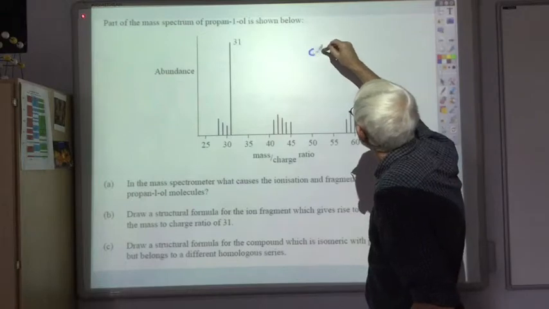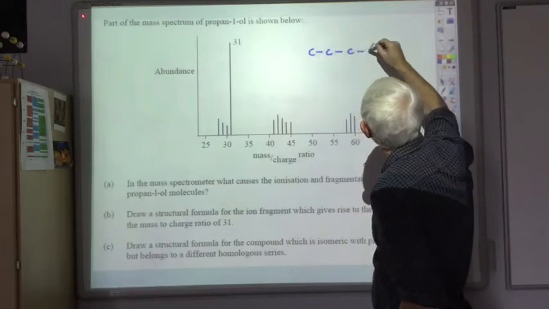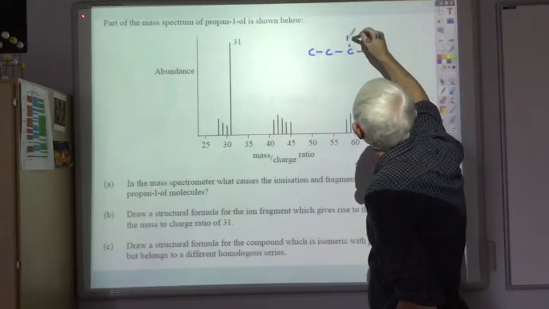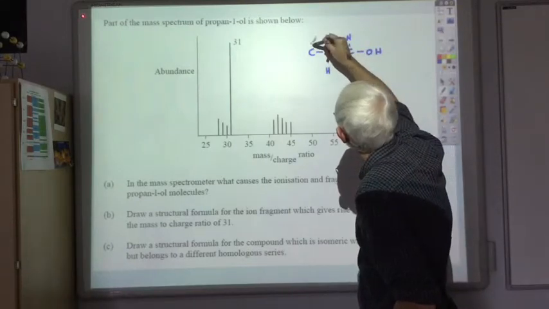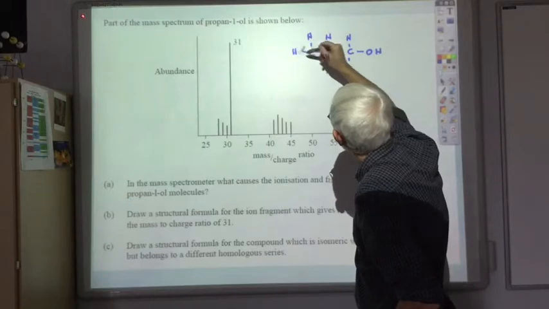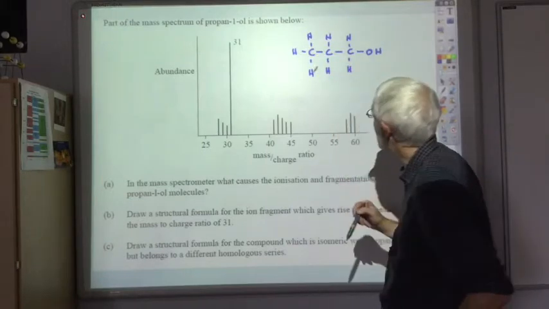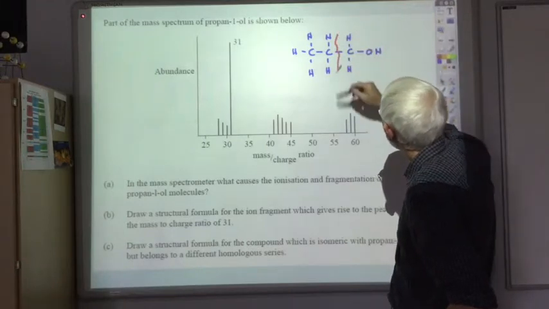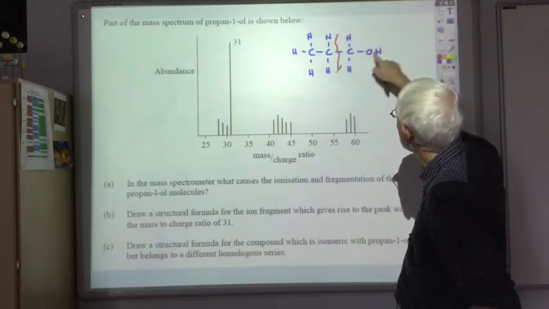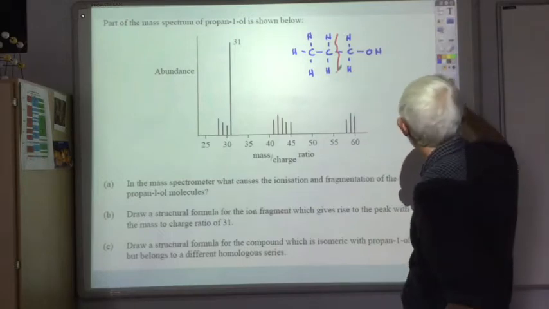So let's draw out the propan-1-ol molecule, and try and work out what fragment is responsible for the peak at 31. Well, if you broke the molecule there, this fragment here comes to 31.